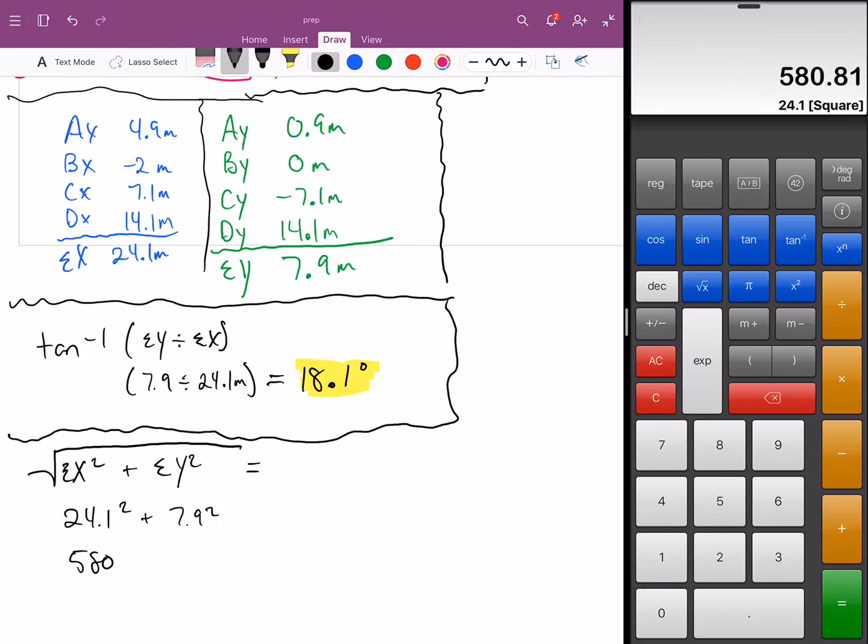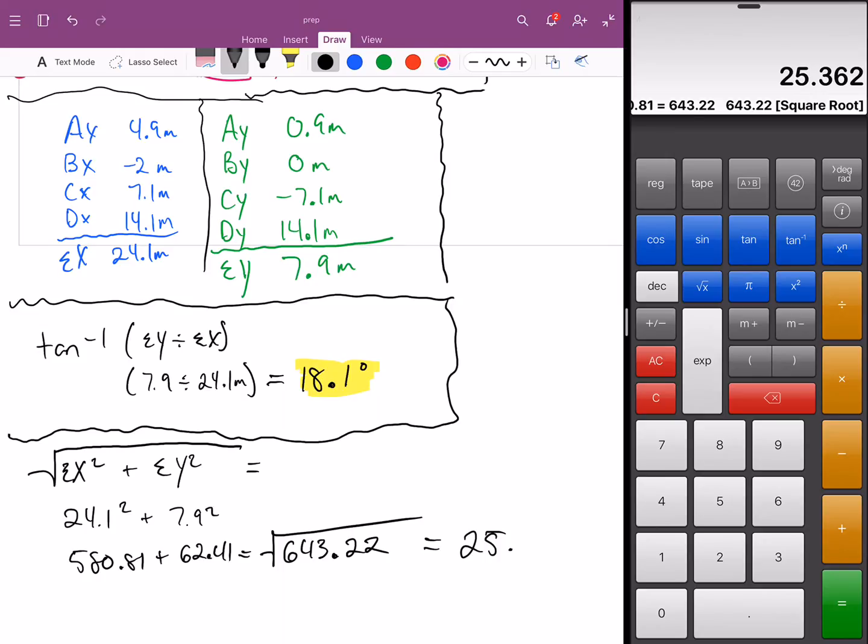You have 580.81 plus 62.41. Add them together. Total 643.22. Square root that. 25.4 meters. That is your answer.